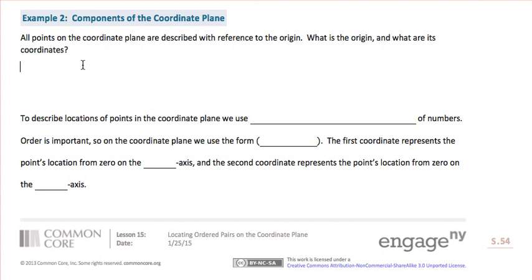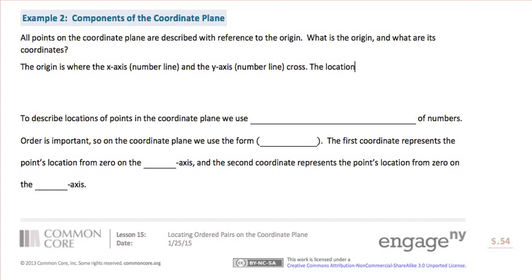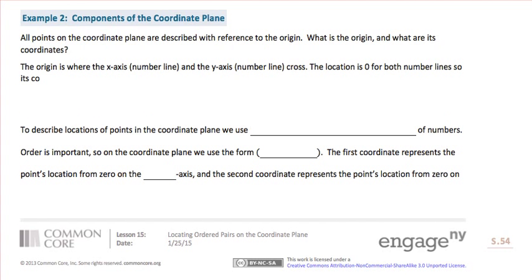The origin is where the x-axis or number line and the y-axis or number line cross, and the location is 0 for both number lines. So its coordinates are 0, 0.